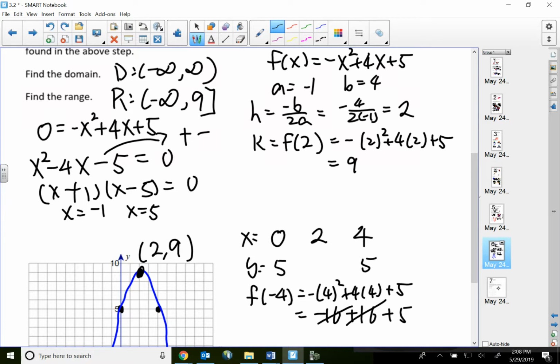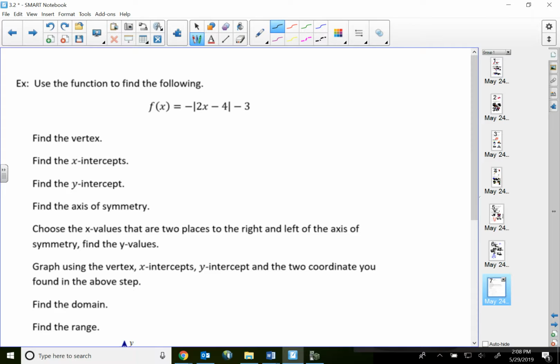All right, let's try one with the absolute value. Okay, very similar to the form a times (x minus h) whole thing squared plus k, except I'm not having a square here. I'm having absolute value instead of the parentheses and the square. So this absolute value function has a general form of a times absolute value of x minus h, plus k. All right, very tricky right here. Normally, it's supposed to be x minus h.